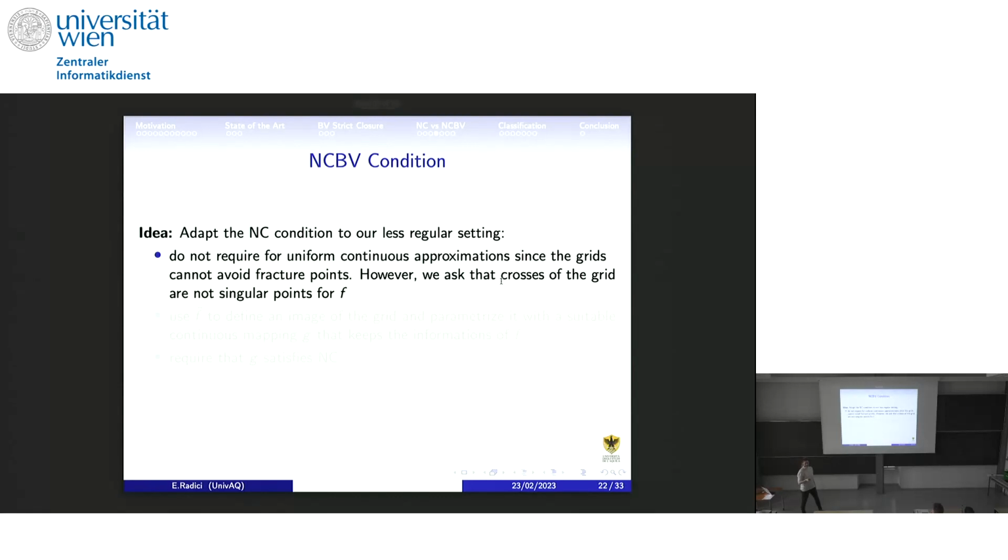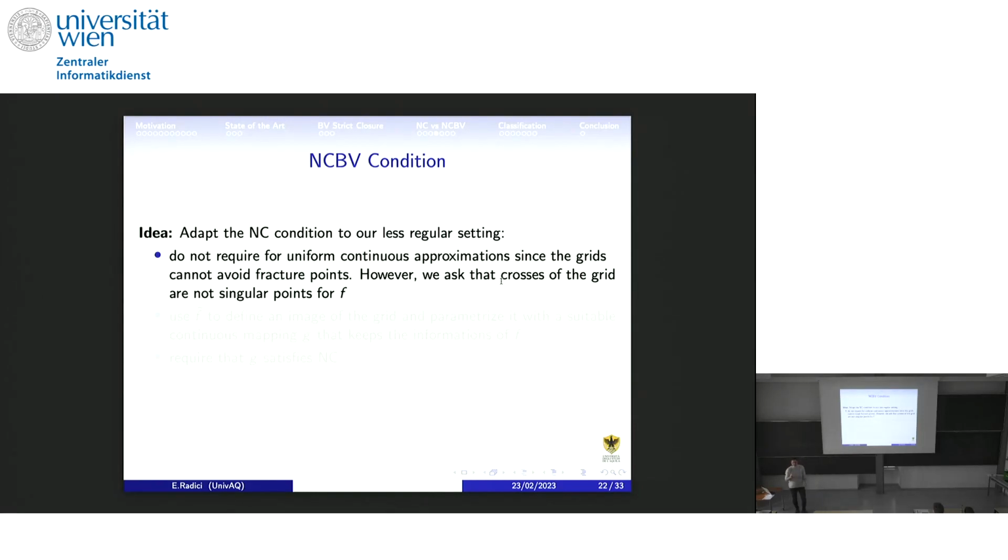Then what is the non-crossing BV condition? A little point: it will be on grids, not on lines, because on lines doesn't work. The definition uses the non-crossing condition already introduced by them, but adapted to this less regular setting, because we have the fracture points.